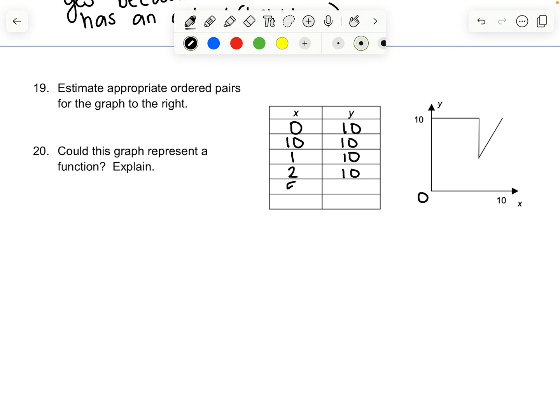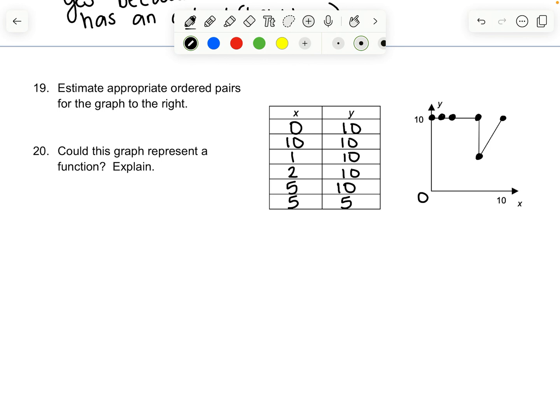So I could have 5, 10, but it looks like it comes all the way down to about halfway down the y-axis. It looks like I could also have a point at 5, 5. So again, I'm going to put dots where I see them. Here's 1, 10, 2, 10, 10, 10. Here is 5, 10. Here is 5, 5.